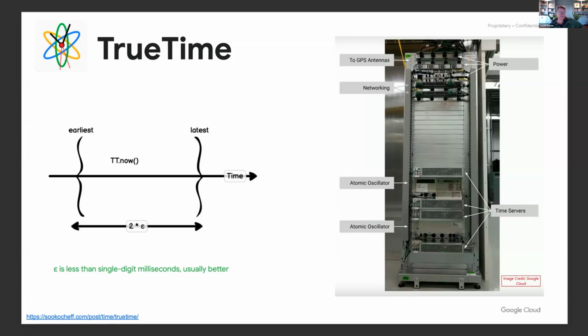It gives you this interval which bounds both the earliest time and the latest time. And that interval is twice epsilon, which generally is no worse than a few milliseconds and often better. Next slide.